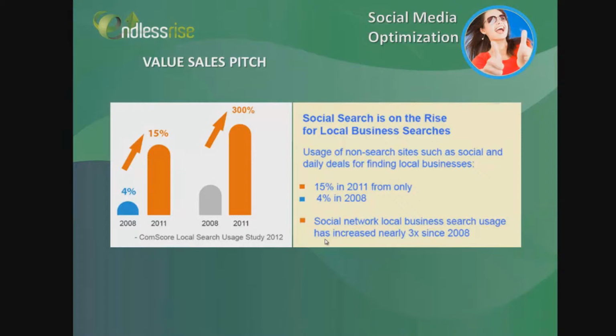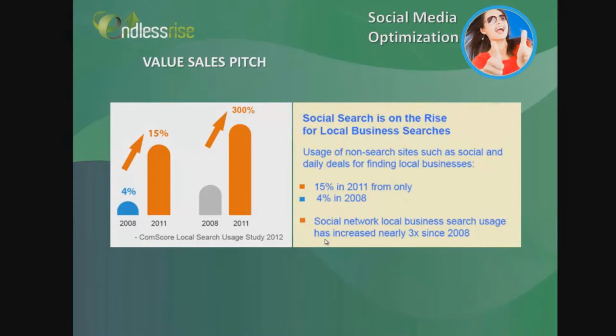How many people go to non-search sites? In other words, how many people go to find local businesses and they're not using Google, Yahoo, and Bing search engines? And in 2008, 4% of them said that they would go outside of the major search engines to find local businesses. And then in 2011, 15% of them said, and since then I'm sure that it's just gone up.